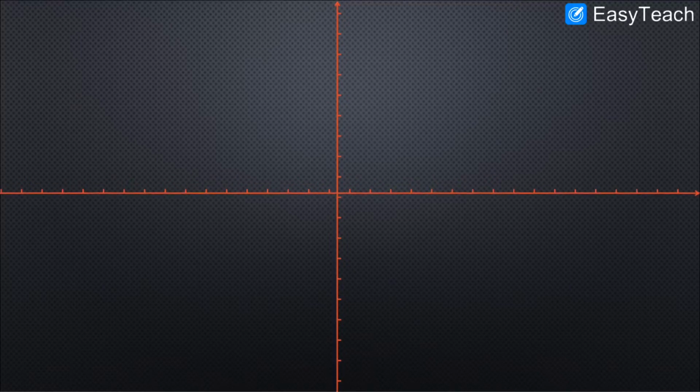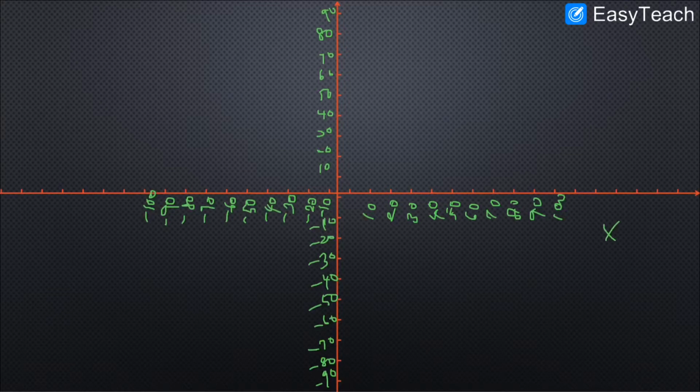Next step, let's plot the graph using those vertices. So I mark the values 10, 20, 30, 40, 50 like that. This is the x-axis. This is the y-axis. From the first equation we got the points 50, 60.